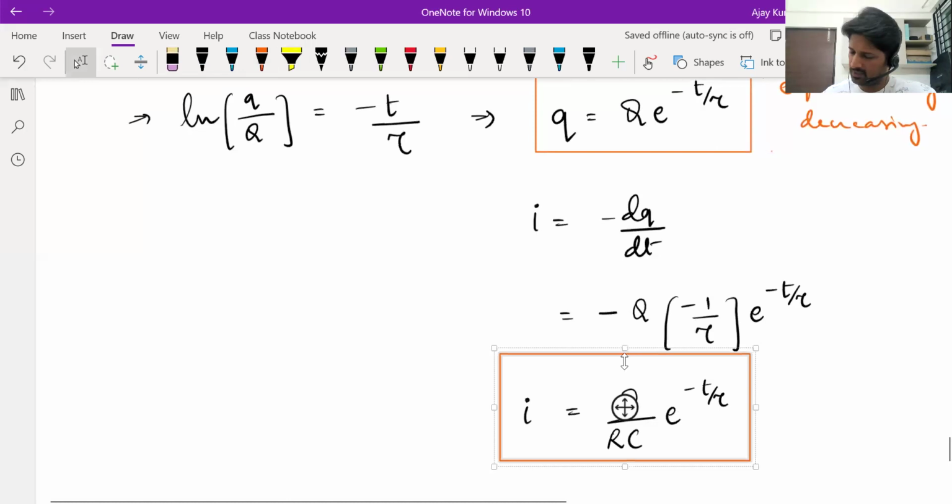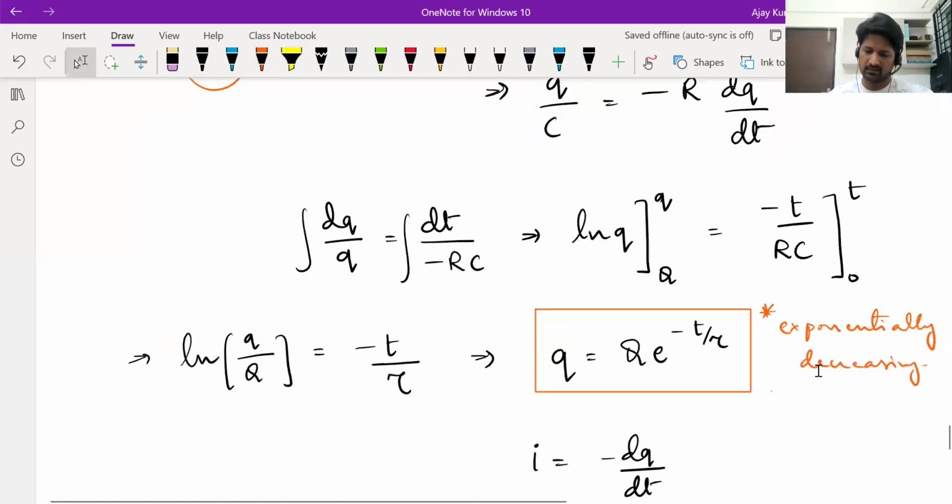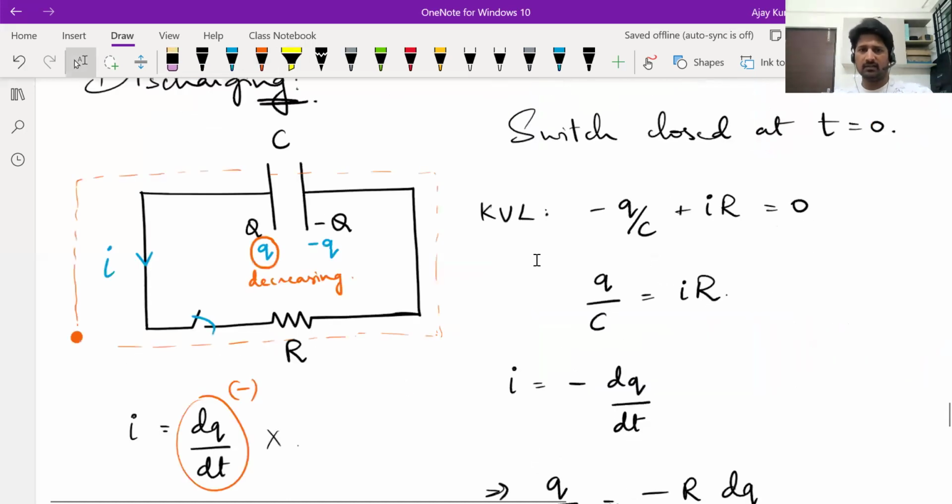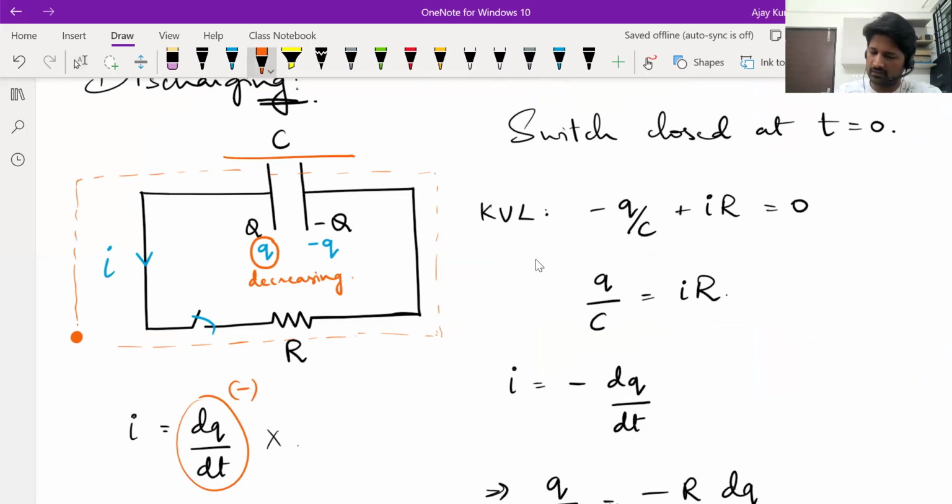Why will current be exponentially decreasing? Let us understand. Initially, the capacitor had a significant amount of charge, which means it has a significant potential difference across its terminals. Now the capacitor is connected to the resistor. So whatever voltage is there across the capacitor, the same voltage will be across the resistor, which will drive current through the resistor. Now, as the capacitor gets discharged, this value will decrease.